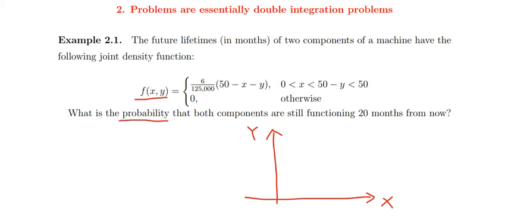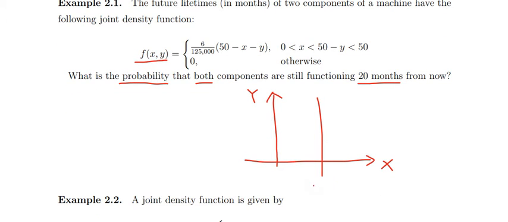We want to find the probability that both of them are still functioning at 20 months, so x larger than 20 and y also larger than 20.